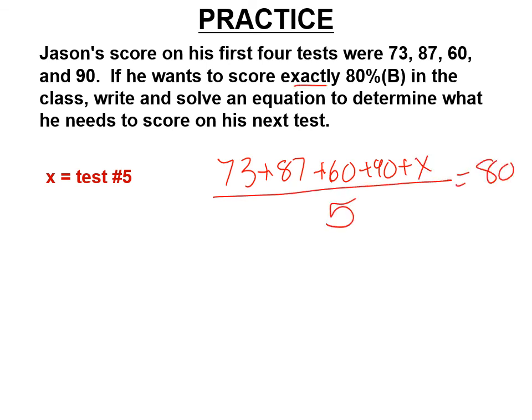This time, Jason only wants to score an 80. He just wants to get a B. So let's see that. 73 plus 87, that seems like 160. 90 plus 60, 150. That's 310.